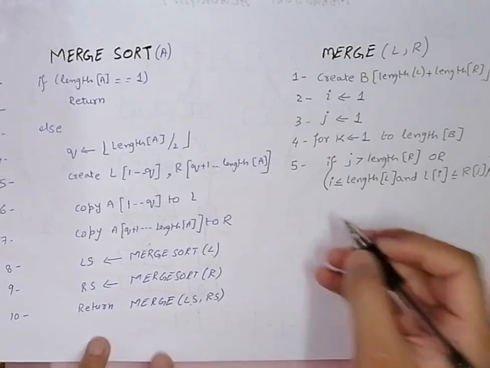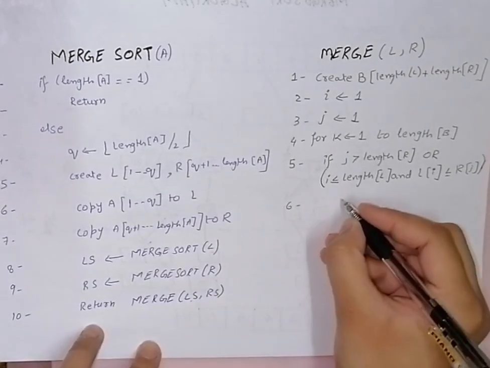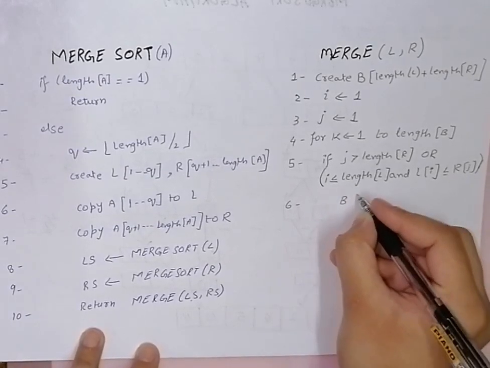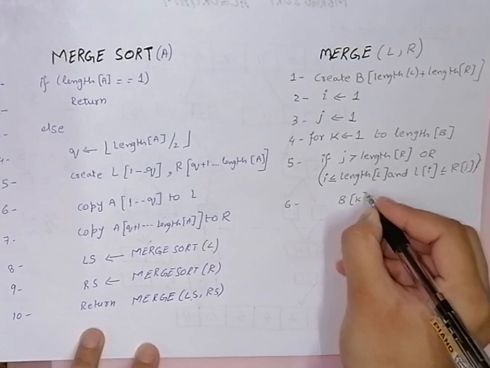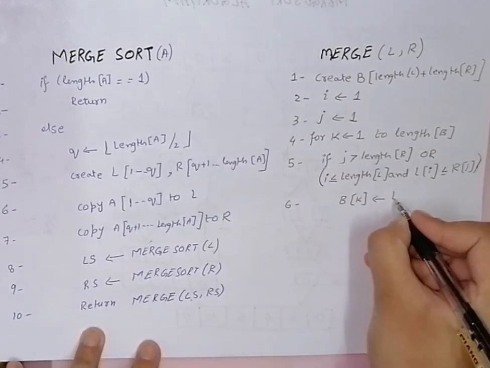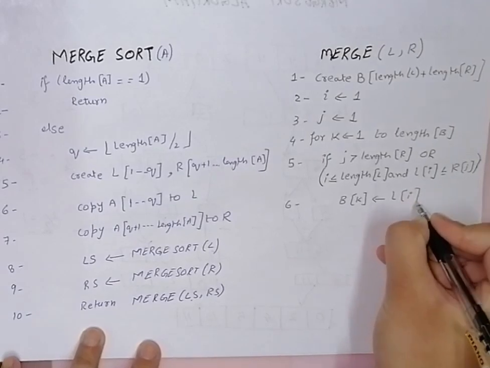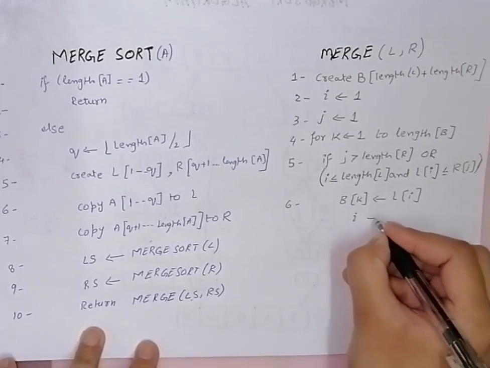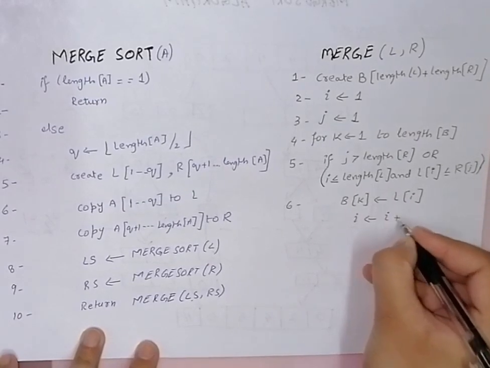Okay, so after writing this code, under this if, what I have to do is assign or insert some value in the array. So I'll write directly B of K equals L of I if this condition is true, and then I'll increment the counter, that is I equals I plus 1.